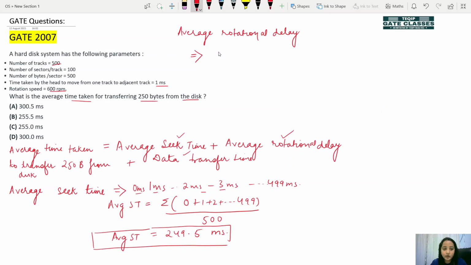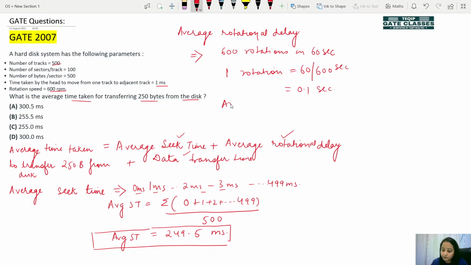Rotation speed is given as 600 rotations per minute, and a minute is 60 seconds. So how much is one rotation? One rotation will be 60 divided by 600 seconds, which is 0.1 second.